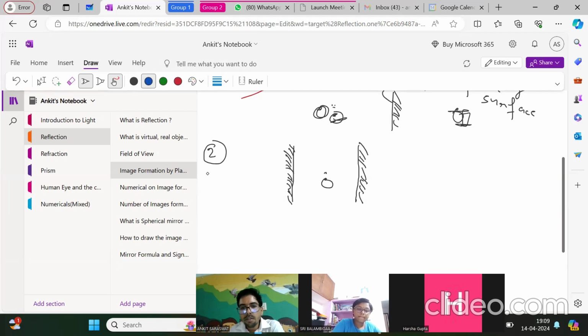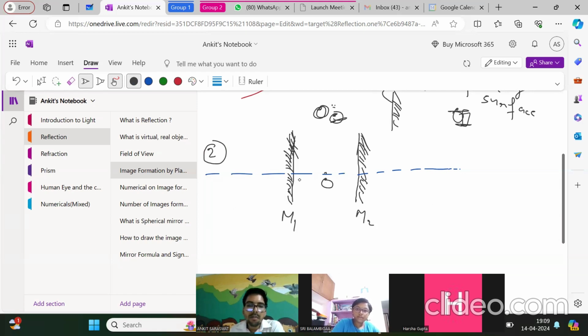Did you see this? When we go to a barber shop, two plane mirrors are placed and you are looking, how many images? Two images will be formed. Wrong. M1, M2. Clear? Infinite.